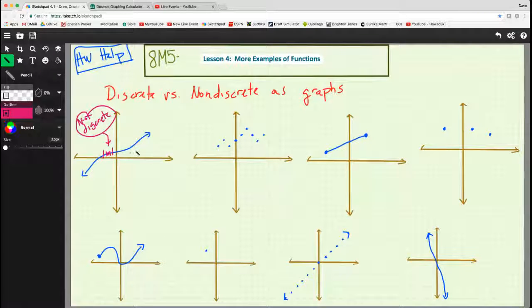Right? And you can probably just look at this and you can say discrete, discrete, discrete, and which ones aren't discrete. But which one is discrete? This one has unique points. Right? So this one is discrete. Right? I can count my points.